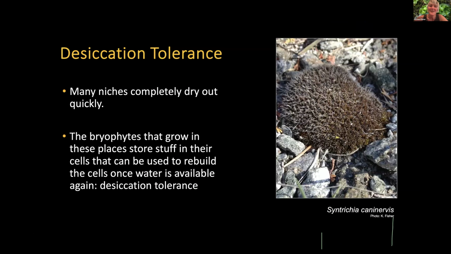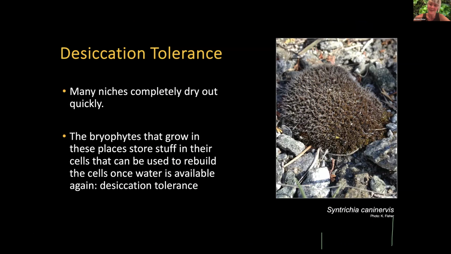As I mentioned before, many mosses live in niches that dry out entirely for the majority of the year. And so desiccation tolerant mosses, basically as they're drying down, are synthesizing all kinds of interesting things and packaging up their cellular components in such a way that they're able to rebuild things and repair themselves very quickly upon rewetting.